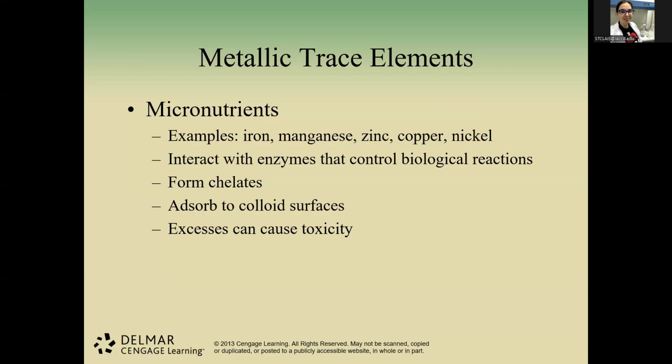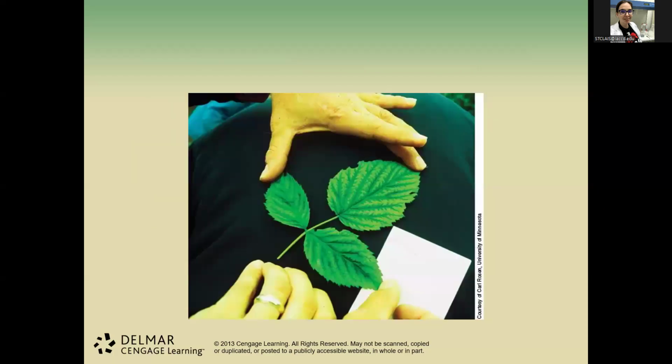So the reason why this is important is remember that our iron, manganese, zinc, copper, those are not available at a high pH, but we can apply these foliarly by using a chelated form and then spraying that on the leaves instead. With the metallic trace elements and with iron, if we have too much, it can cause toxicity.